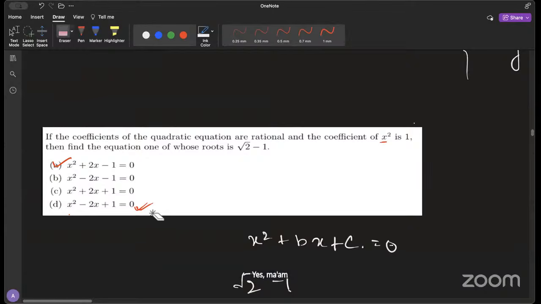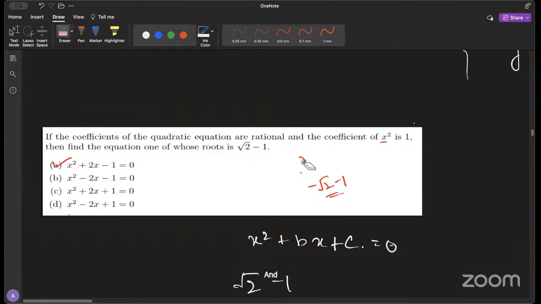Yes, ma'am, that is incorrect. Root 2 plus 1 is not satisfying this. Root 2 plus 1 is not the conjugate root. Minus square root 2 minus 1 is. This is not the other root. This is the other root.